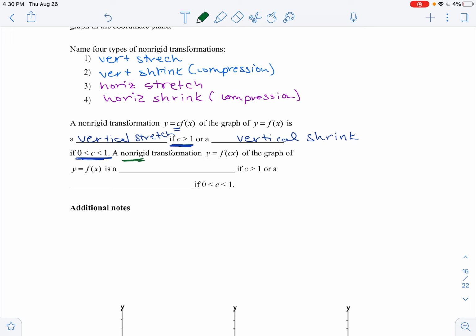A non-rigid transformation, when we multiply the x inside the parentheses, is a horizontal shrink. Or if it's a fraction inside the parentheses, we call that a horizontal stretch. Again, if it's inside the parentheses, we call that funky town. It just does something that's kind of counterintuitive.